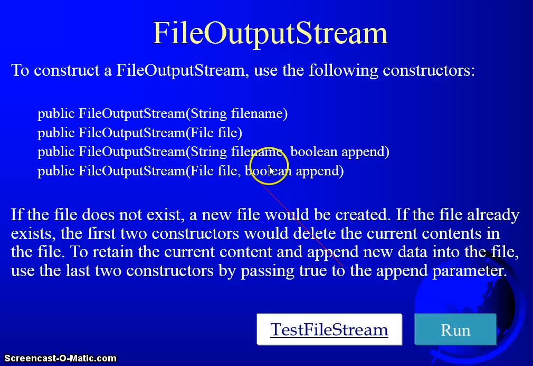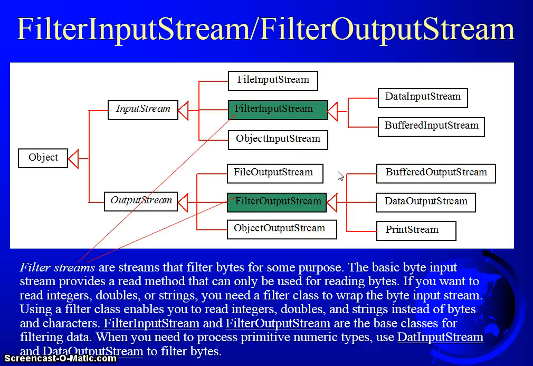Now, for the output stream, you can pass the append flag to the constructor to make it append, right? We talked about appending on text files too, so it's just dealing with it differently. When you create the output stream, you can just do a comma and say true if you want to append. Okay, it's not going to overwrite your existing file.